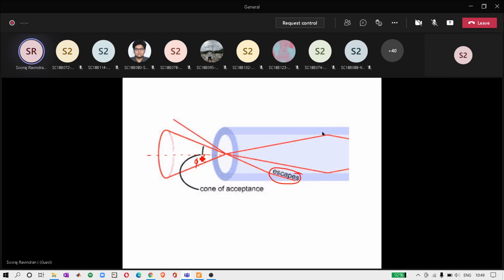So this cone is also called the cone of acceptance, or the acceptance cone. Launching the ray inside the optical fiber, you should ensure that it always falls within this acceptance cone, so that it undergoes total internal reflection.